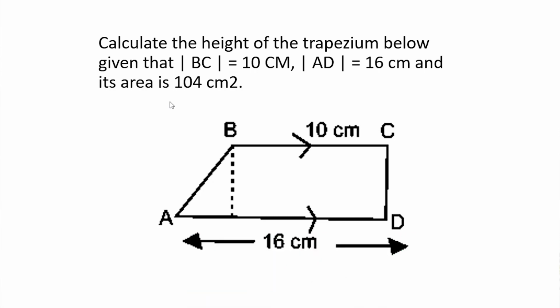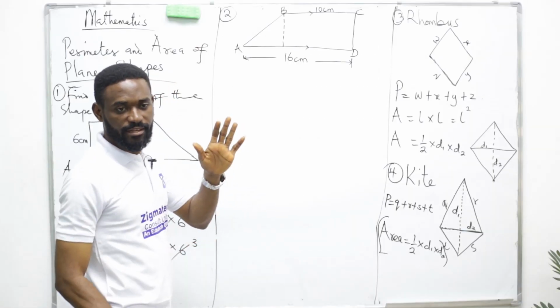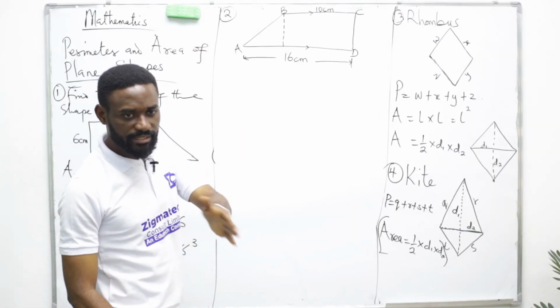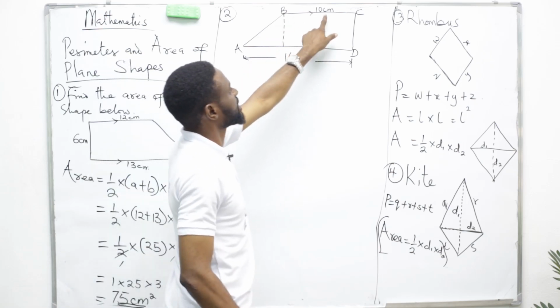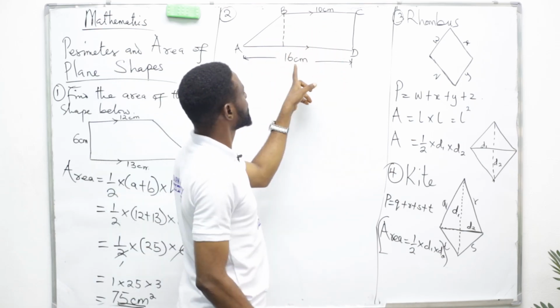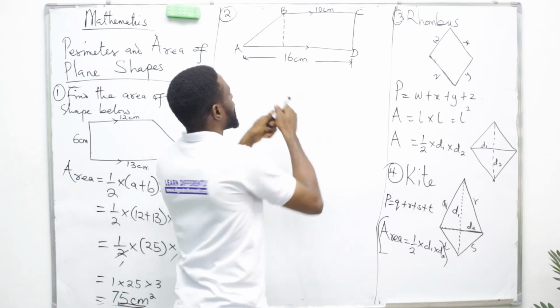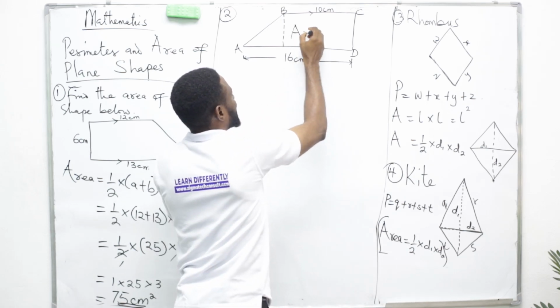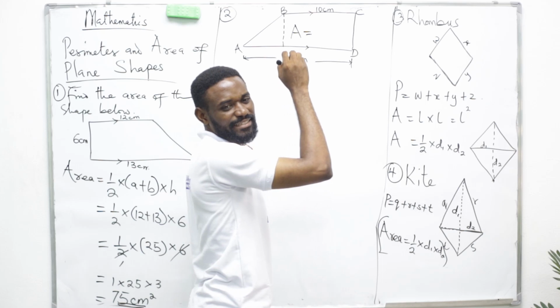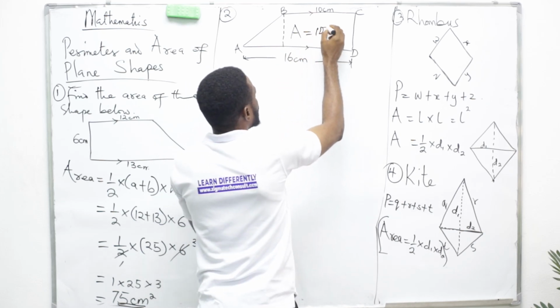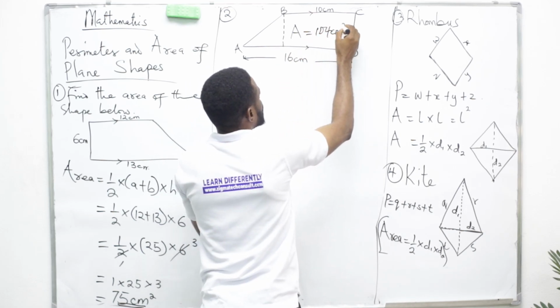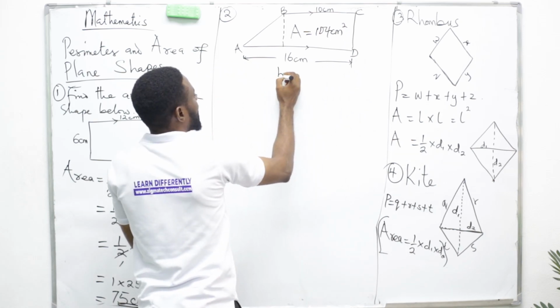So they said BC is 10 cm, AD 16 cm, and area is 104 centimeters square. So they are asking us to find height.